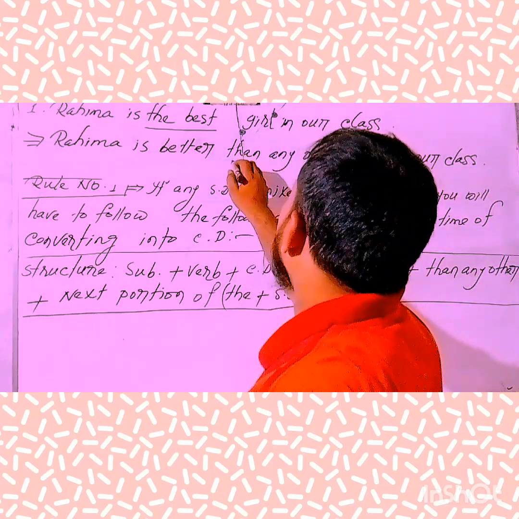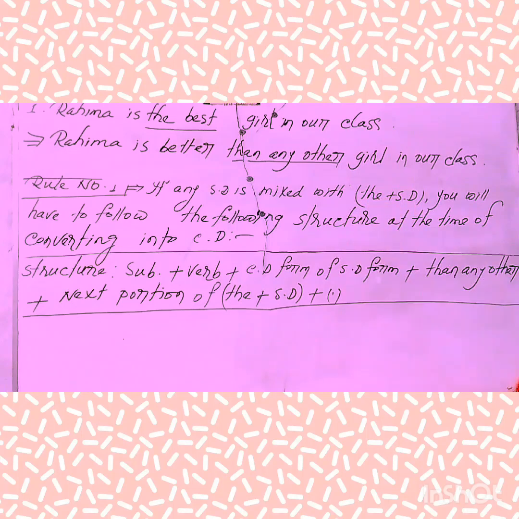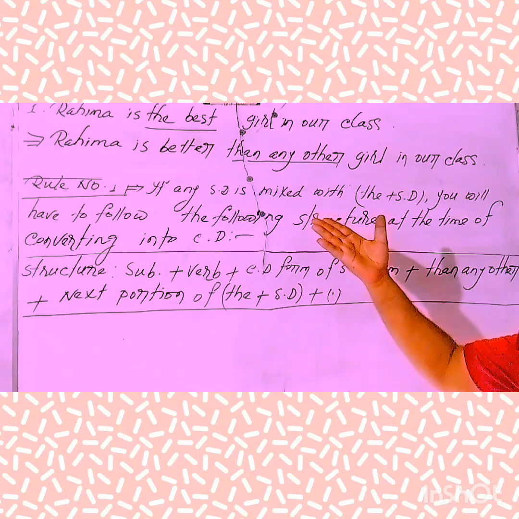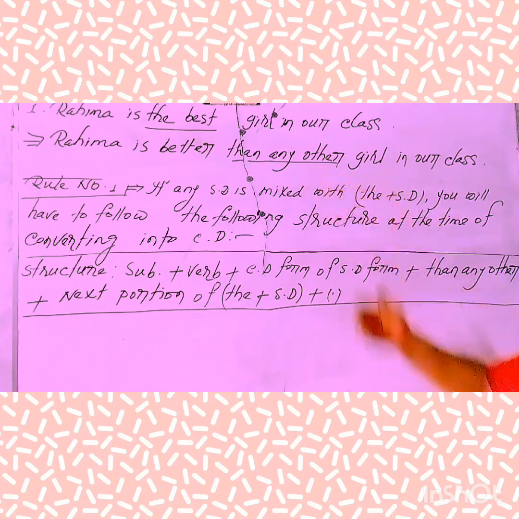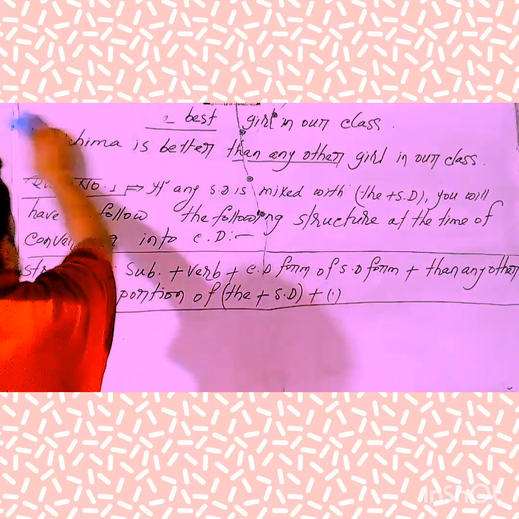Now you'll have to underline then any other. And from the underlined statement, you have to mind that, my dear learners, there is a great connection between the plus HD and then any other. Okay, my dear learners, hope that you have understood clearly.